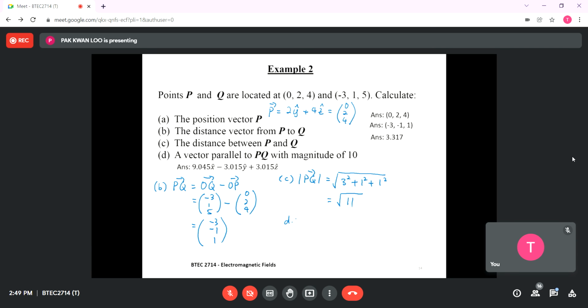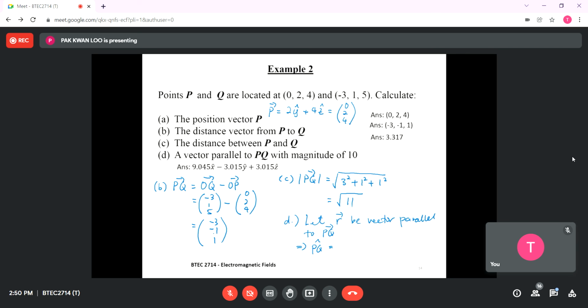And d, the vector parallel to PQ with magnitude of 10. Let vector R be the vector parallel to PQ. First I need to find the unit vector pointing in the direction of PQ.